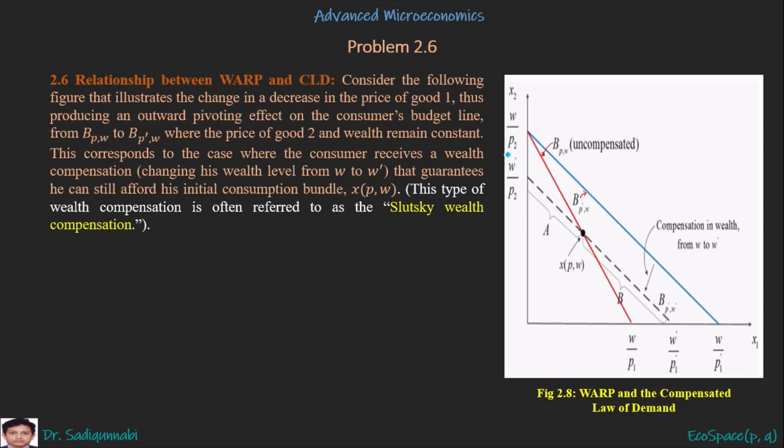That means producing an outward pivoting effect on the consumer's budget line, from the red line to the uncompensated demand, the right blue one. The price of good 2 remains constant. That's why it is a pivoting effect.